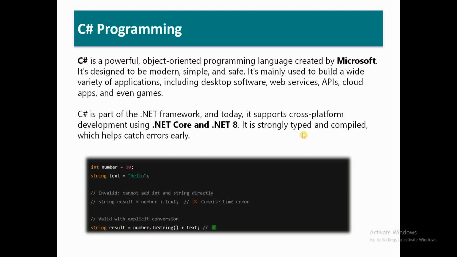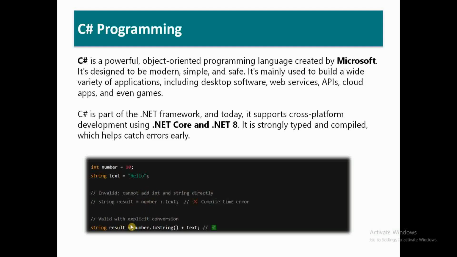It is strongly typed. Strongly typed means, I have one example here to show you. First, we have two variables: the first one is an integer, number equals 10, and the second one is a string, text equals "hello". Now we are concatenating these two variables into one string. But if we directly concatenate these two variables into a string, this will give us a compile time error. So this is not the proper format to concatenate.